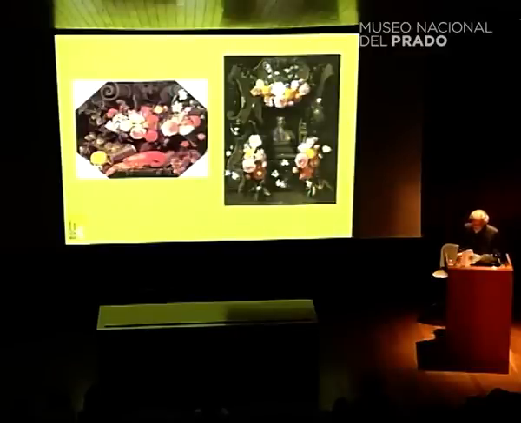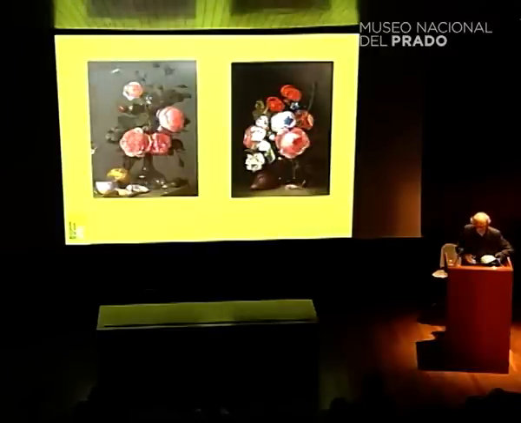And the de Heem painting to the left is from about 1645, and you can clearly see how he adapts the garland by Daniel Segers. But combines it at the same time with his own still life compositions, and so is really renewing and doing something new.